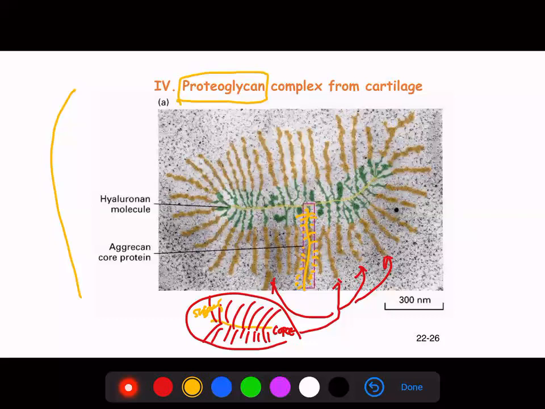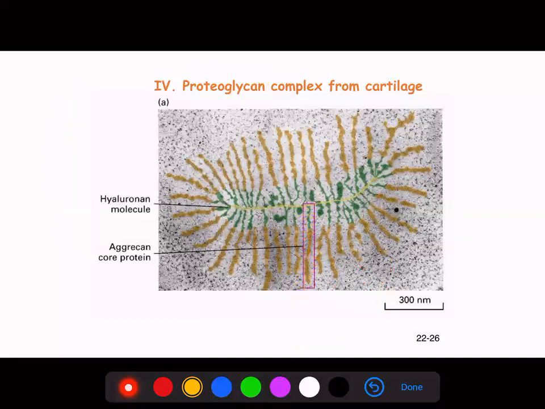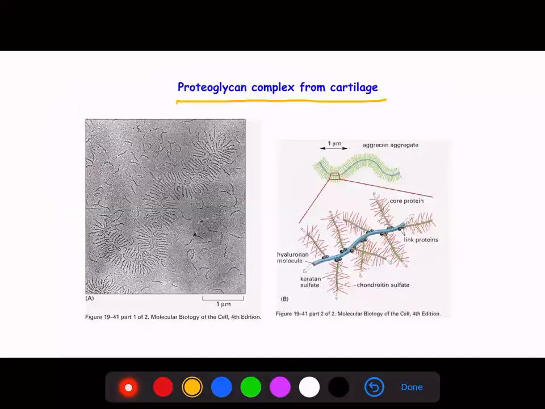I'm going to move on. The proteoglycan complex is really important in cartilage. In cartilage, you have this hyaluronan molecule. This is a sugar, a big sugar, and then the other proteoglycan, which has the core protein, is decorating it here.